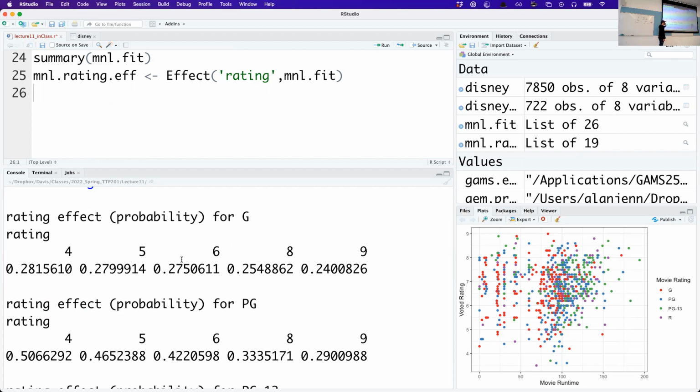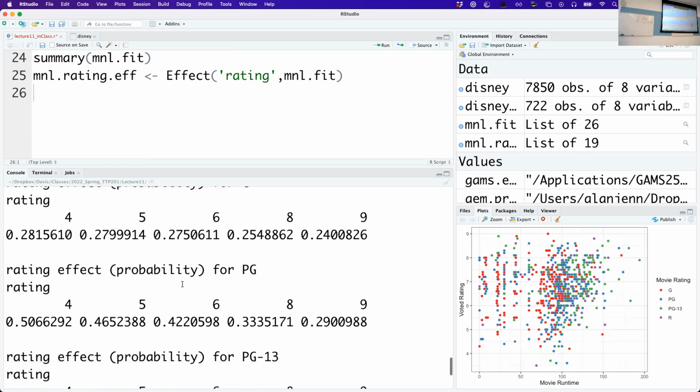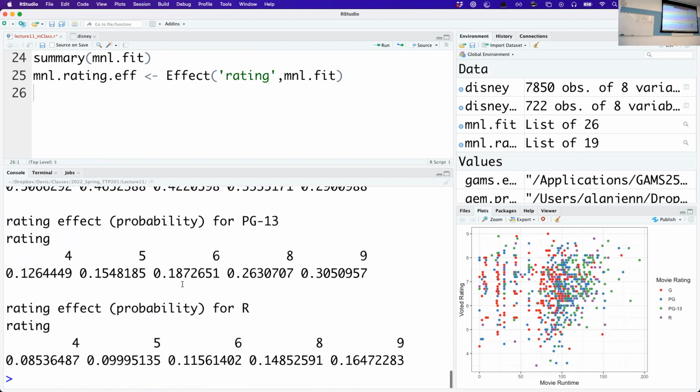And then it will also tell you for the PG outcome, as the rating goes up, it changes the probability like so. And so on and so forth for each of my different outcomes. So this is exactly the plot that I could draw to be analogous to that S-shaped curve, but for all 4 outcomes. And you can do the same thing for the runtime as well.